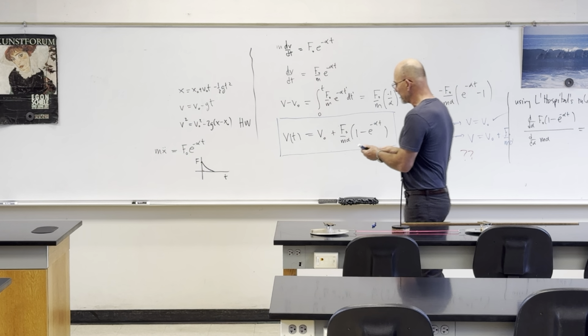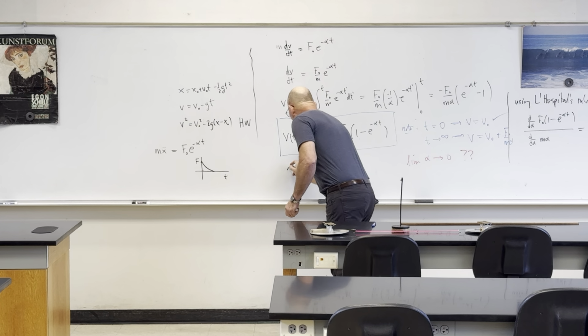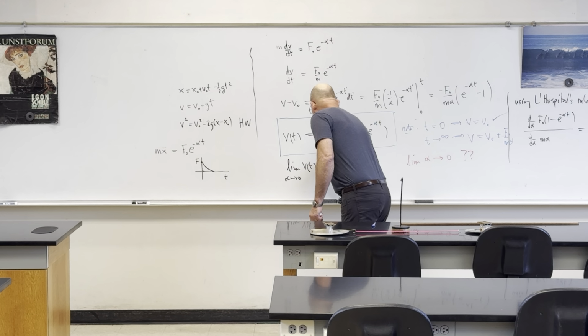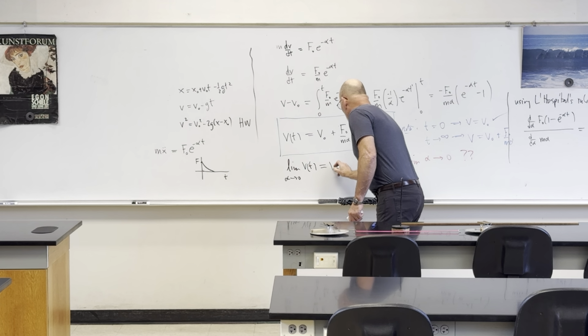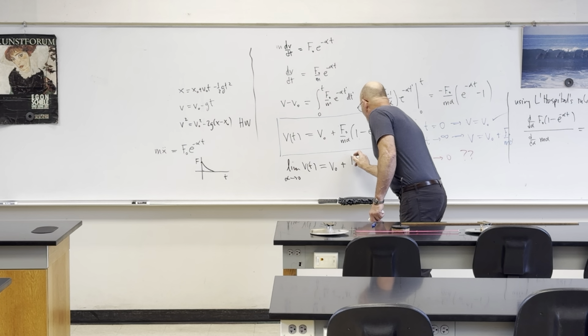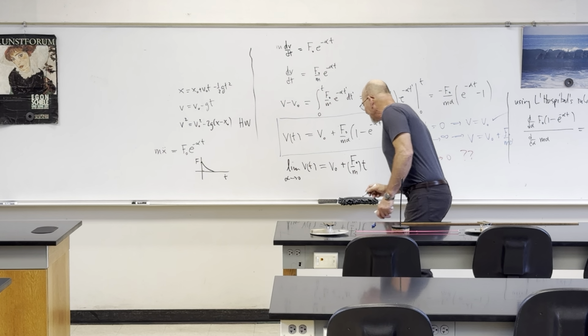So what I end up with is the limit as alpha goes to 0 of b of t equals b0 plus f naught over m times t.